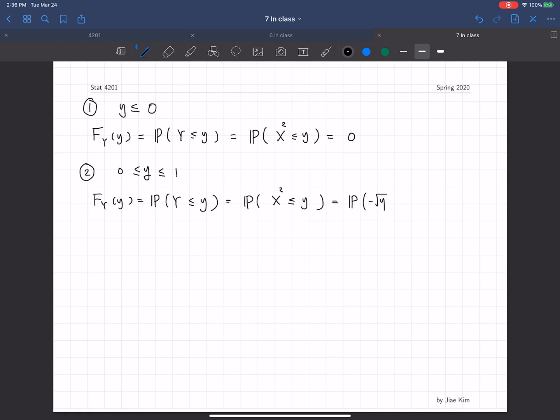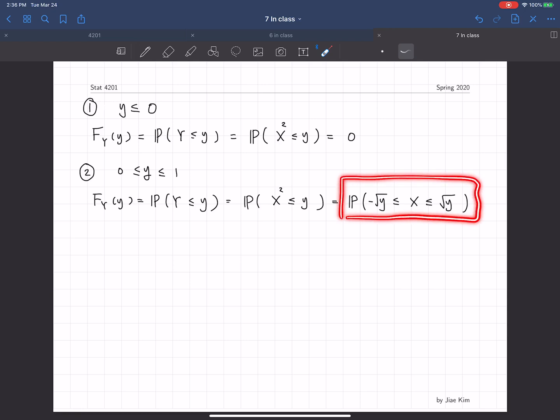We get X between negative square root of y and positive square root of y. Since this probability statement is written in terms of x, we are now ready to get this probability.